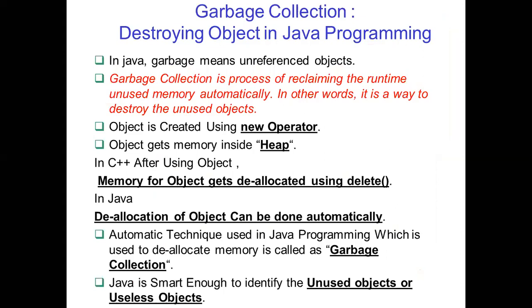So next, there is a very important concept, that is garbage collection. It is a feature in Java. This concept is not there in C++. Generally they ask about garbage collection in some question papers. What is garbage collection?